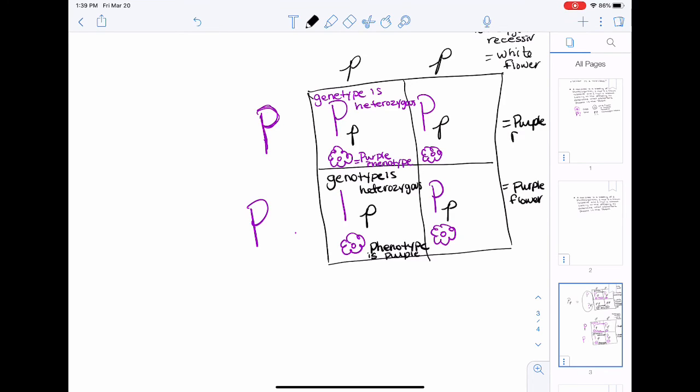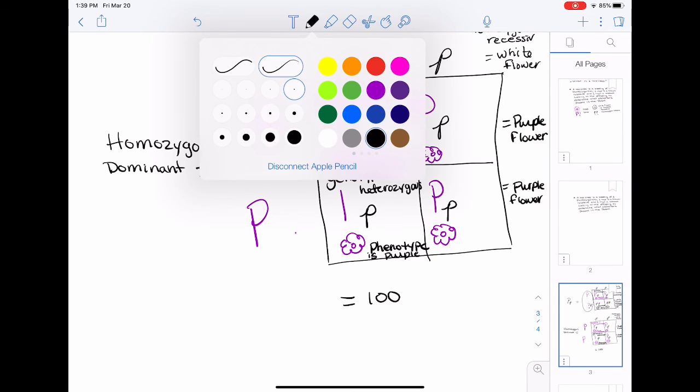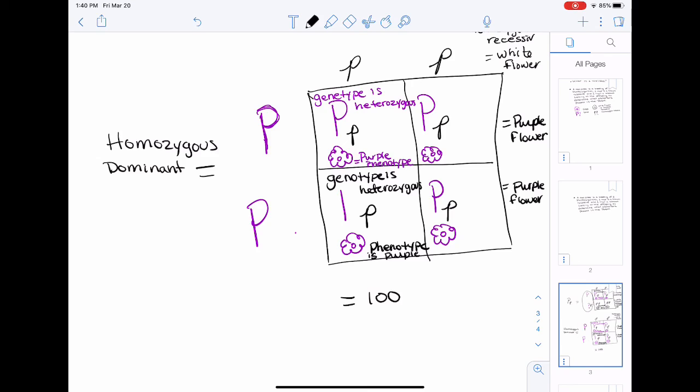So if he had a homozygous dominant parent that he crossed with a homozygous recessive parent, he would get 100% purple flowers, and that's what he did get.